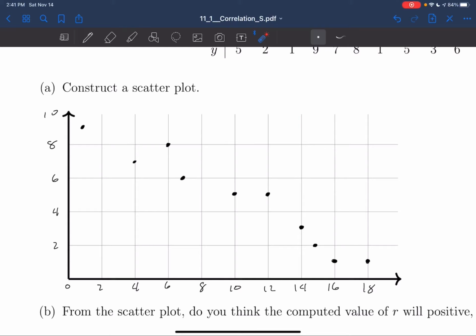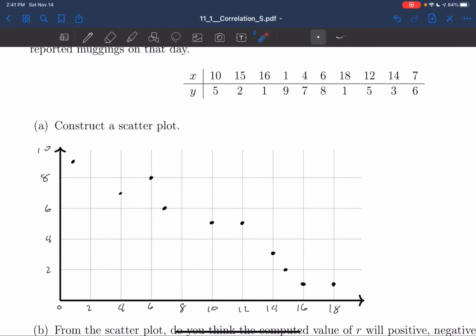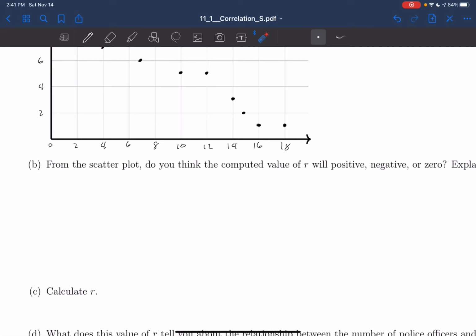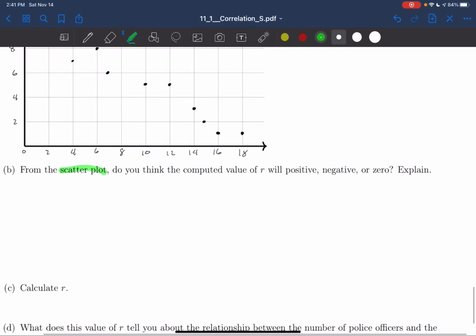And just because of time, I already filled out all the points here. Again, all these points just mean the corresponding pair of our data set. For example, here 15.2 will be right here, this dot. So they're just points. So here, from the scatter plot, do you think the computed value of R will be positive, negative, or 0?